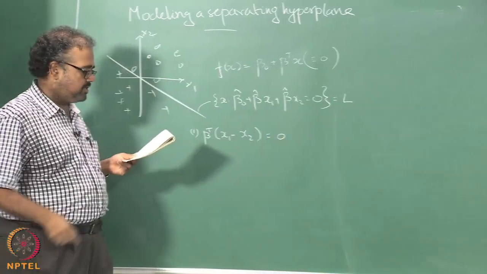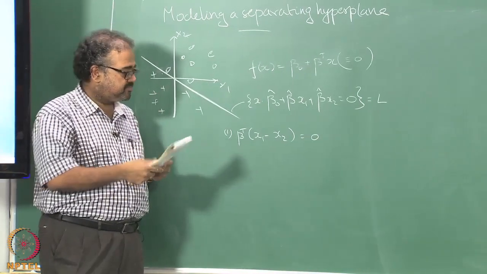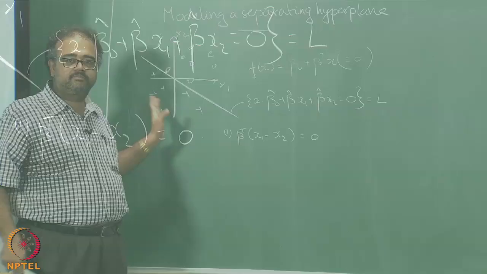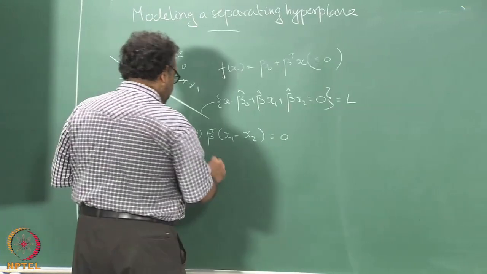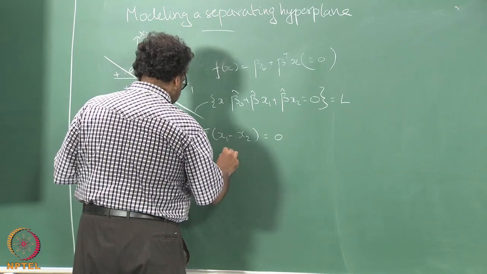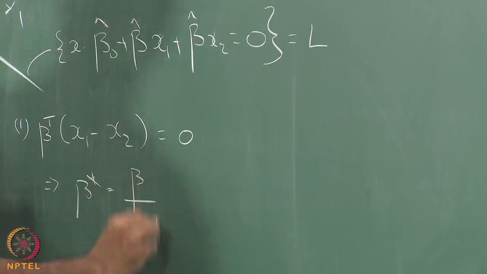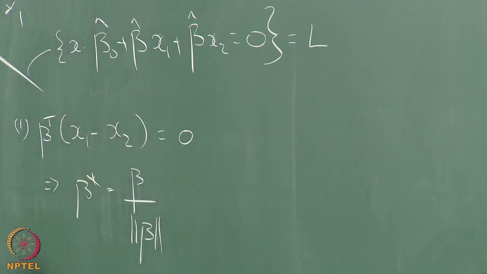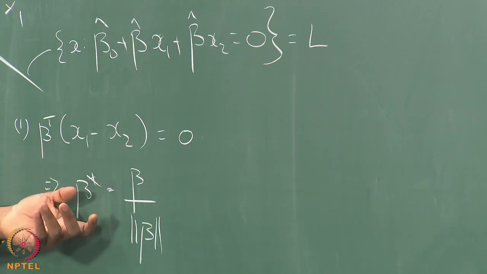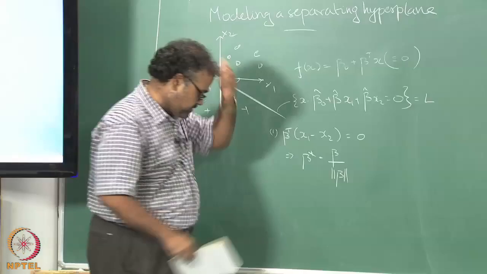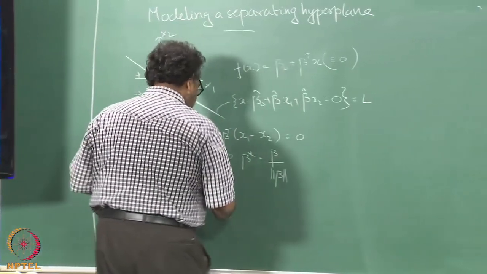So what does it mean? Beta is actually a normal to L, so beta is perpendicular to L. Beta star is the unit direction, the unit normal.